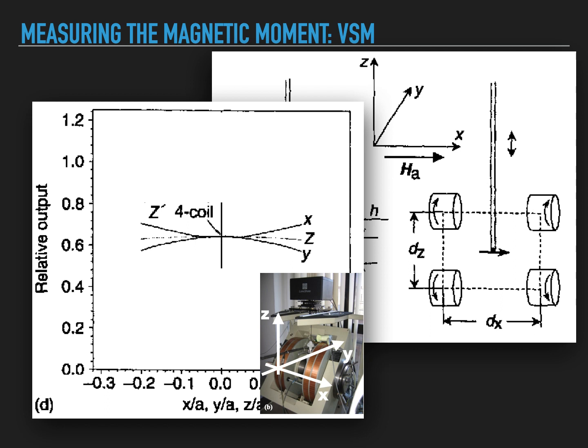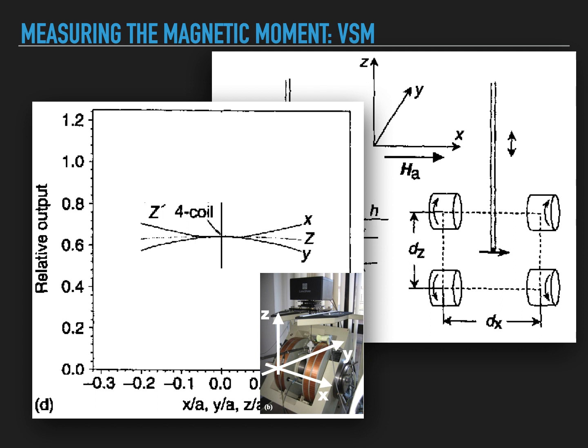If you go beyond the middle of the gap and start to again move far away from the pickup coils, the signal will decrease again and approach zero. So your optimum sample position along the Z direction is where you have the maximum reading of magnetic moment or voltage, if you want, from the coils as a function of the Z position.